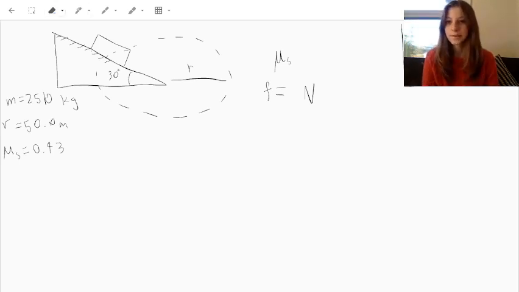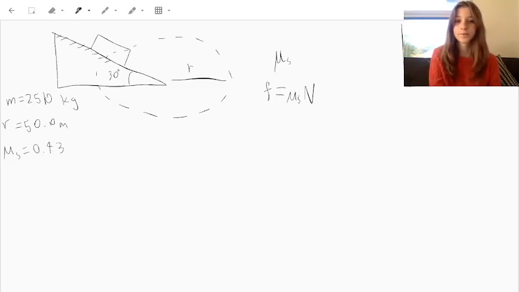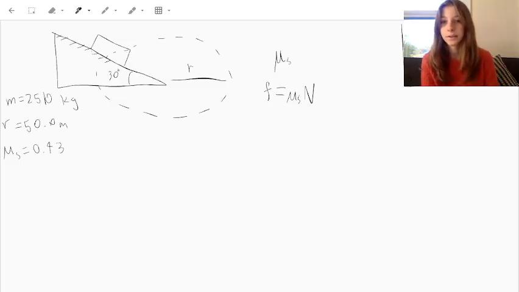That's why we use static friction. If it was slipping, we'd use mu k, which means kinetic. But we're going to have mu s here. So that means it's going to be proportional to the normal force. We're going to use this equation later.